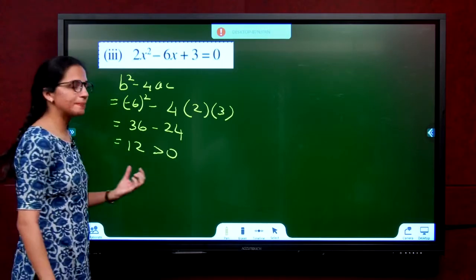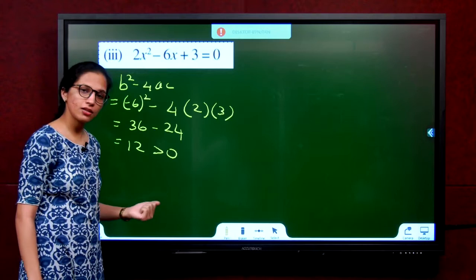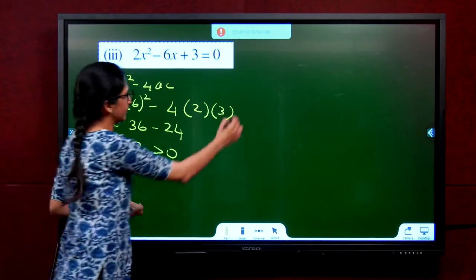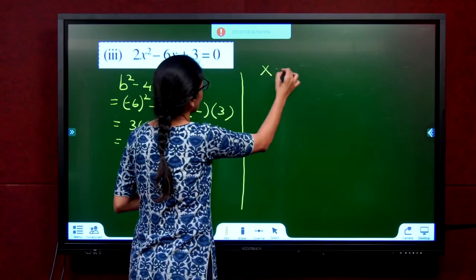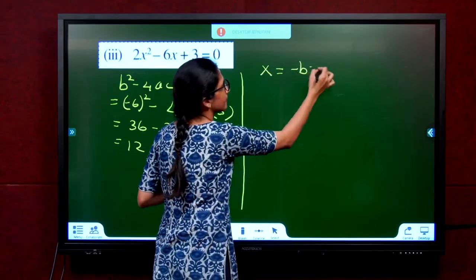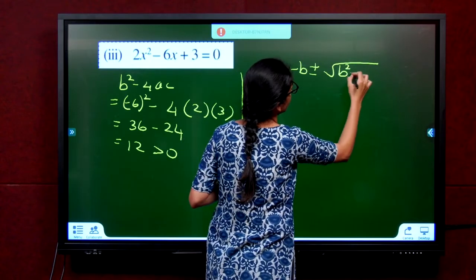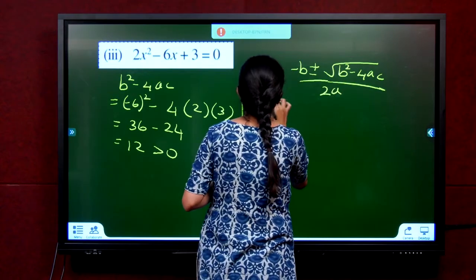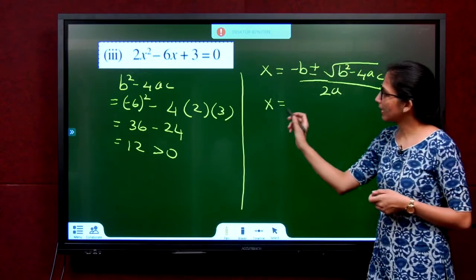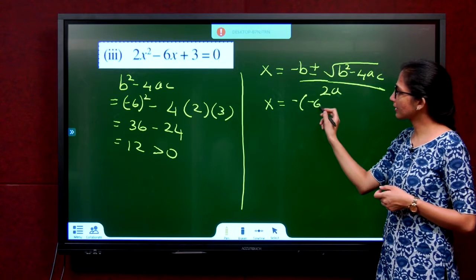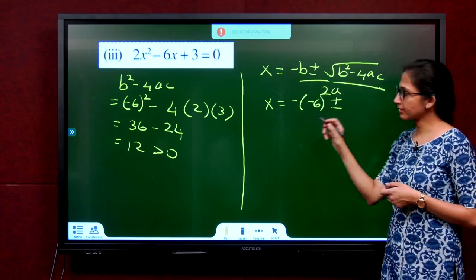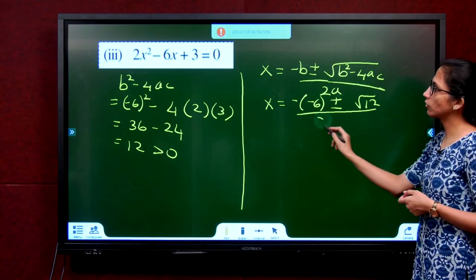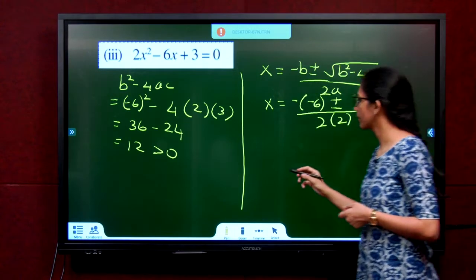So write down: since b² − 4ac is greater than 0, roots exist and they are real and distinct. Continue to solve and find the value of x. x is −b plus or minus root of b² − 4ac by 2a. −(−6) plus or minus √12 divided by 2a, 2 into 2.